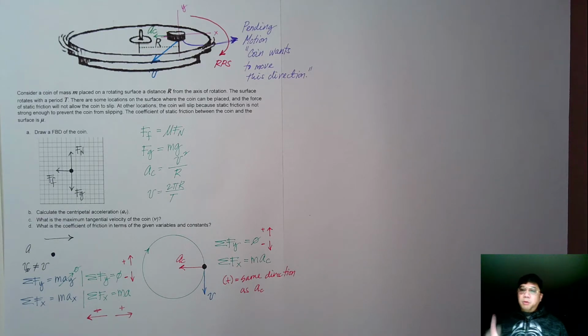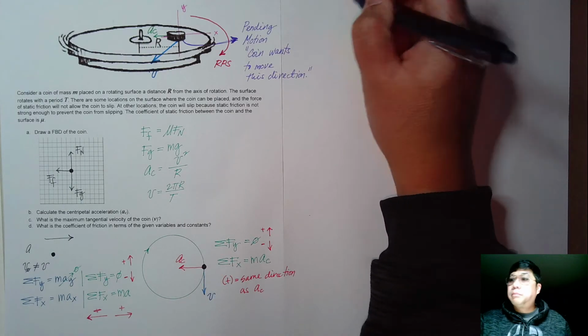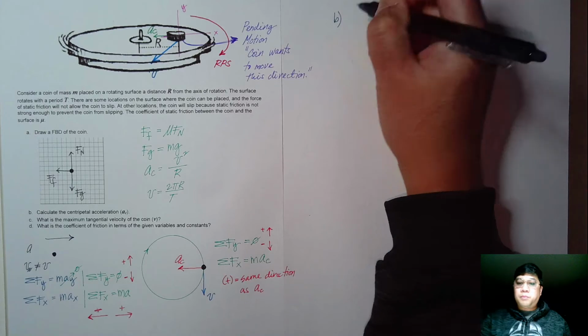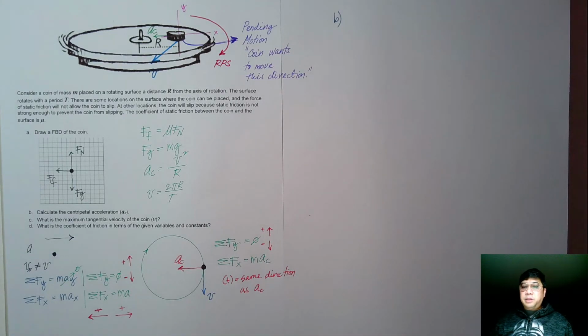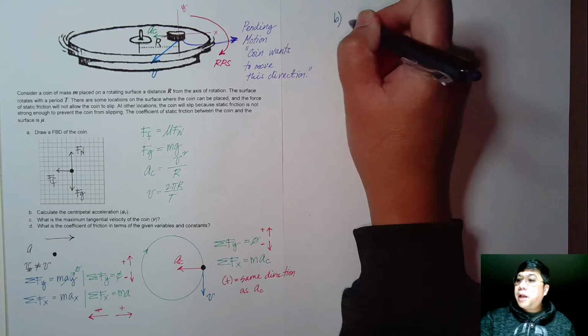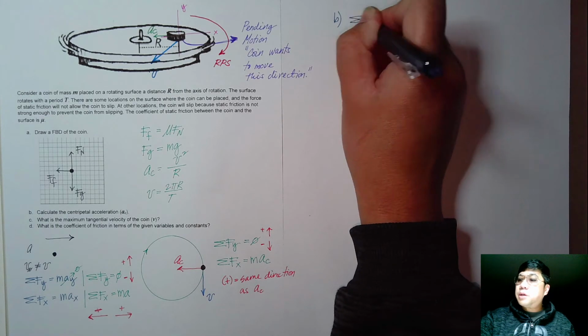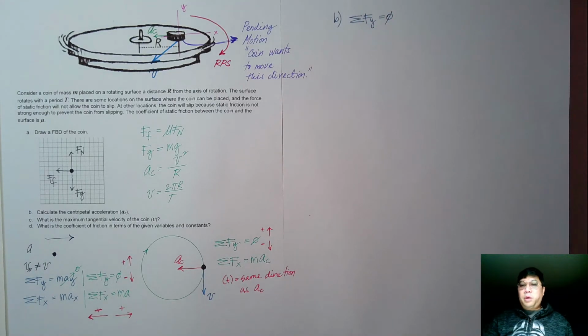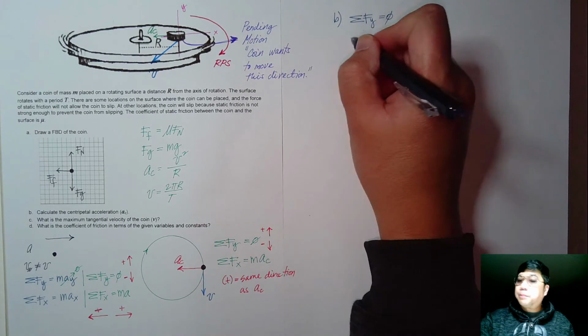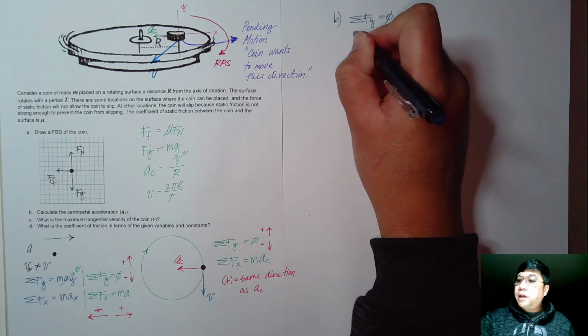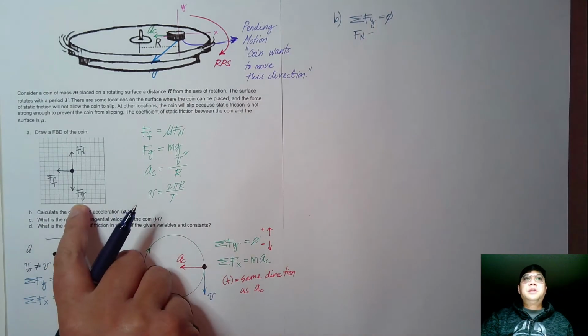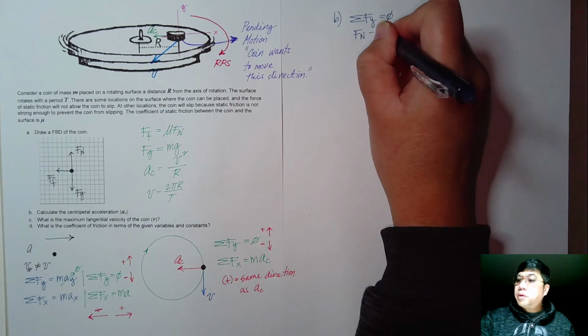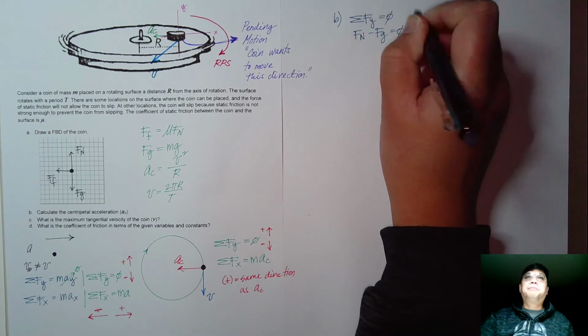Now, let us move on. Now, we can solve for letter B: calculate the centripetal acceleration of the coin. So, why don't we start by analyzing the forces? Summation of forces along y equals 0. And what are the different forces acting on it? We have positive Fn minus Fg, which is going downward, equal to 0.